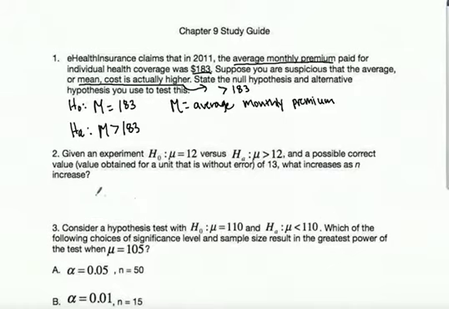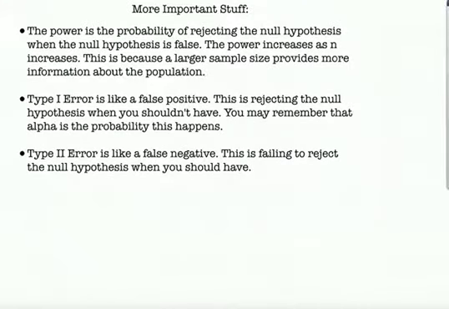So remember from the important information at the beginning, as n increases, the power increases. And if you'll remember, the power is the probability of rejecting the null hypothesis when the null hypothesis is false. If n is greater, then the larger sample size is going to give us more information about the population.